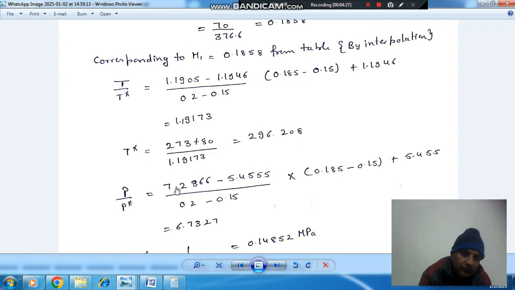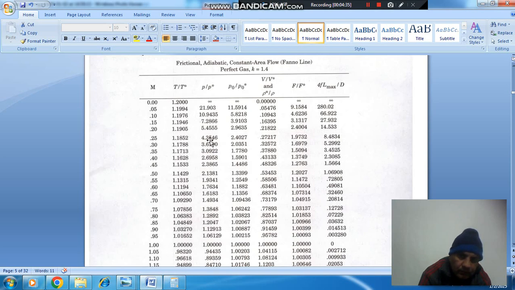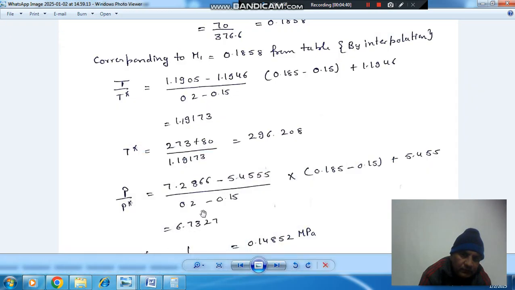Okay, similarly P star can be found. From the table, second row, the value at 0.2 is 5.4555 and at 0.15 is 7.2866. Again this is the rate of change of P by P star with respect to the Mach number, and this is for the change from 0.15 to 0.1858.